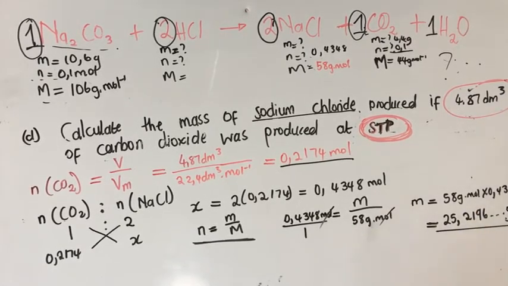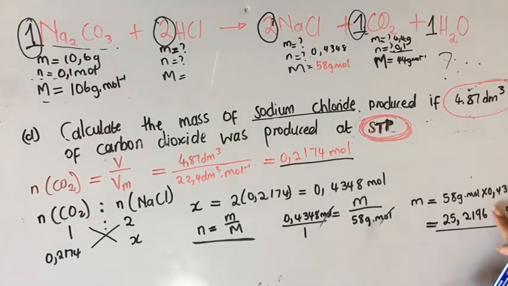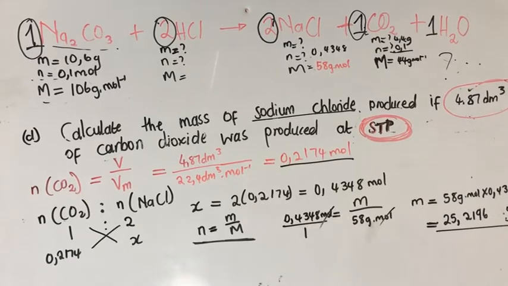Okay, they will tell you to round off to 2 numbers or 4 numbers or 5, otherwise you can write the whole number. So it's 25.2196 grams. All right, at STP.